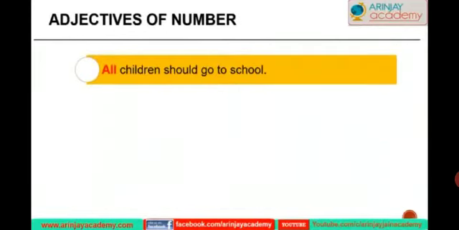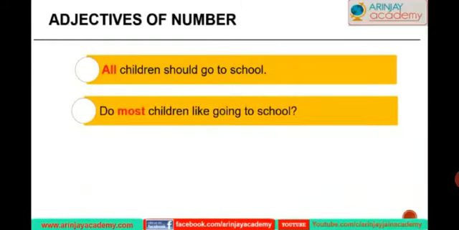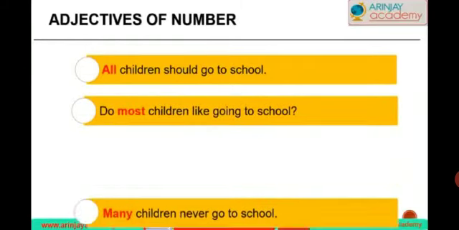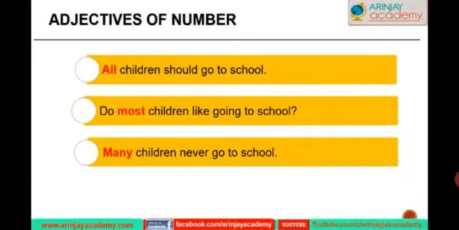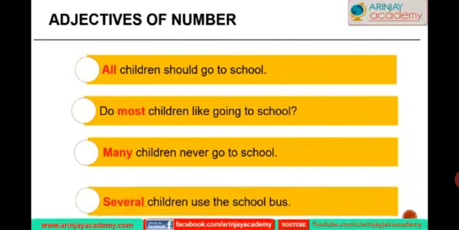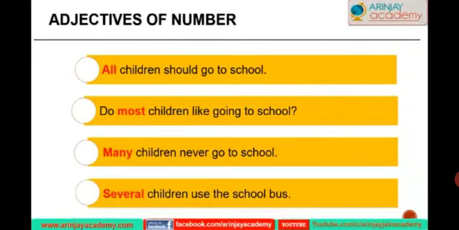Now, all children should go to school. Do most children like going to school? Many children never go to school. We are seeing adjectives of number here, but we do not know the exact number, as we are using all, most, many and several.